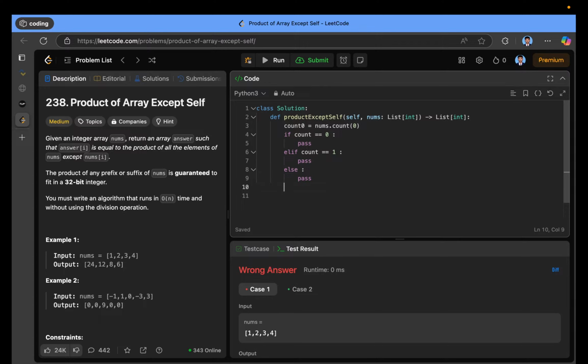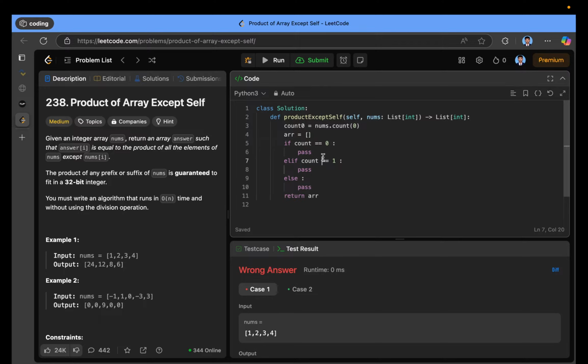These three cases should be there, and I have to return an array that I haven't made till now. Let's make a list.